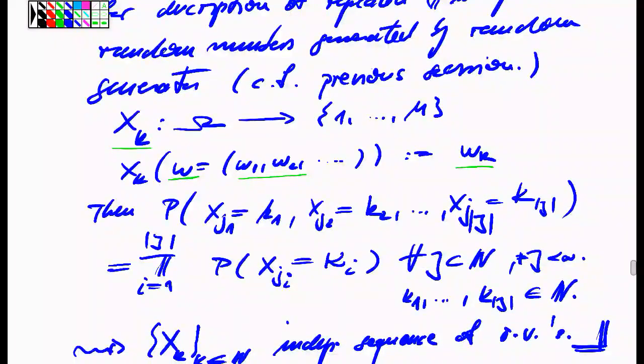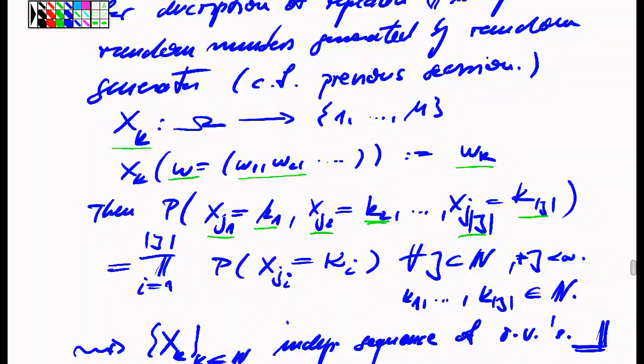Why is this so? Well, if we take a finite collection of indices, j1, j2, j3, and so forth, and ask for the probability that at these indices, the sequence that we evaluate has certain prescribed values, namely at index j1, we observe the number k1 as entry, at index j2, we observe k2 as entry, and so forth, then this probability is in fact a probability which involves a cylinder set, namely we evaluate only finitely many coordinates.